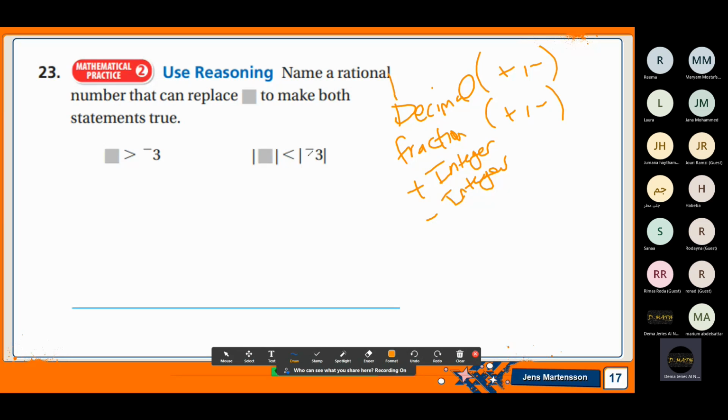First of all, what is the absolute value of -3? 3. Okay. Now give me a number whose absolute value is less than 3 and it's greater than -3. 2.